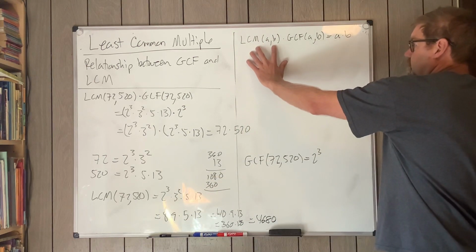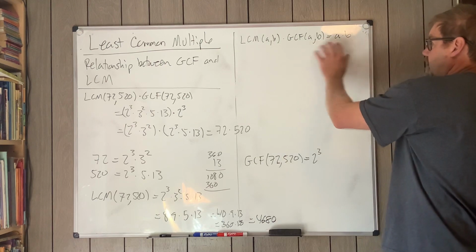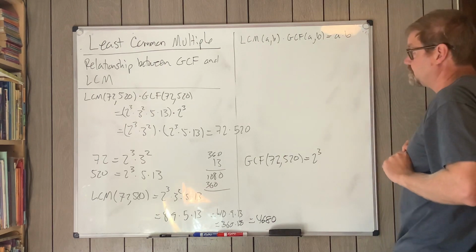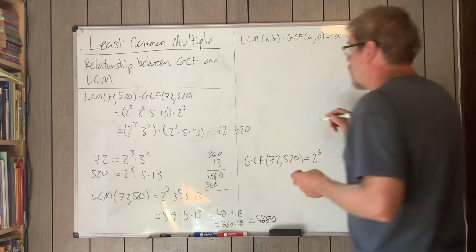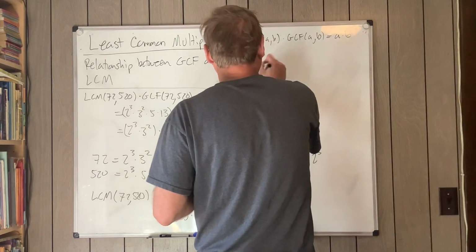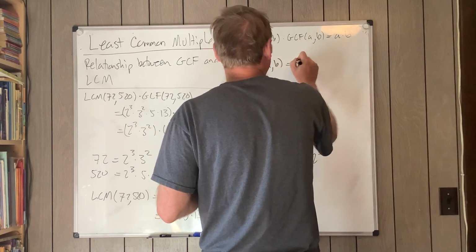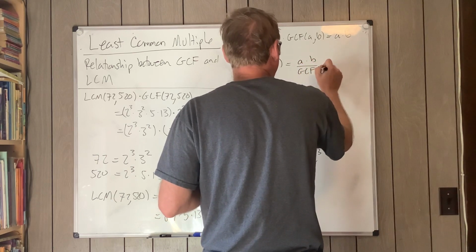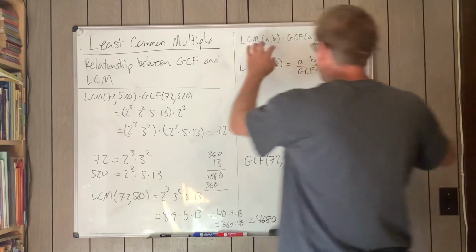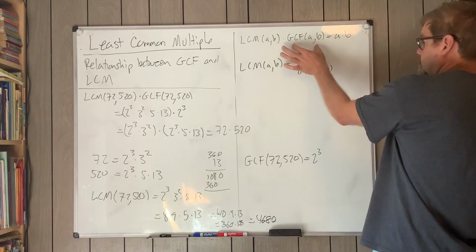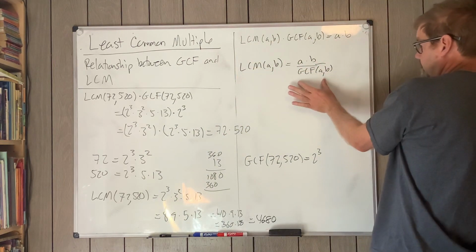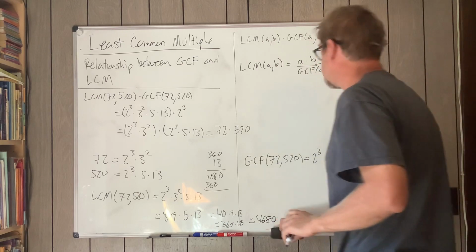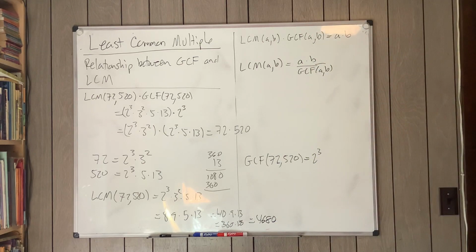The lowest common multiple of two things times the greatest common factor is just the product of the two. And often what we do is use this relationship. I'm just doing some algebra, dividing both sides by GCF(a, b) to give me that.